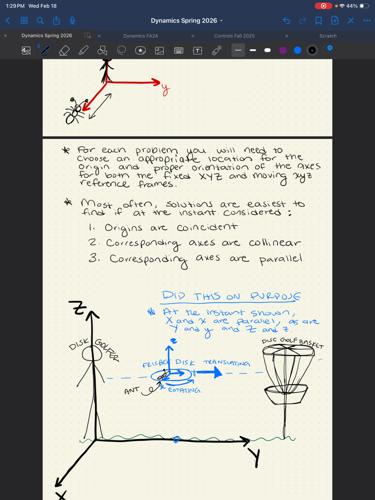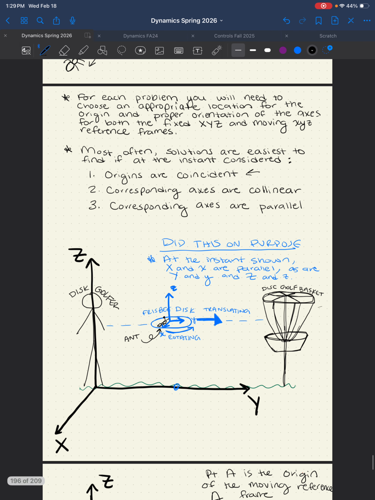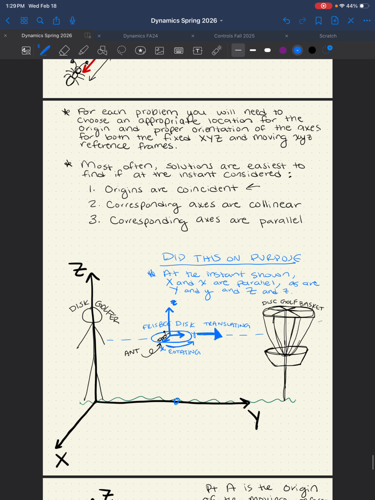If at that instant shown, you put both frames with their origins at exactly the same location, that's going to help you. So origins being coincident is going to make things nice. If you place the two frames so that corresponding axes are collinear, so collinear means that they actually lie on the same line. So if I put my little y on this same line as my big Y, that would be collinear.